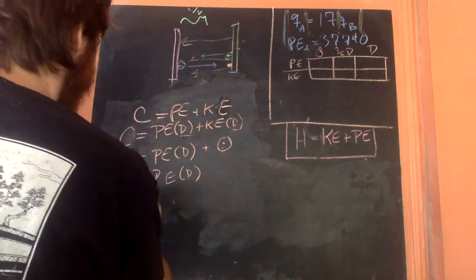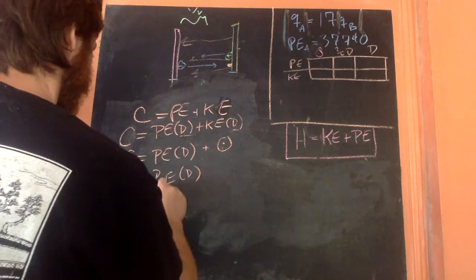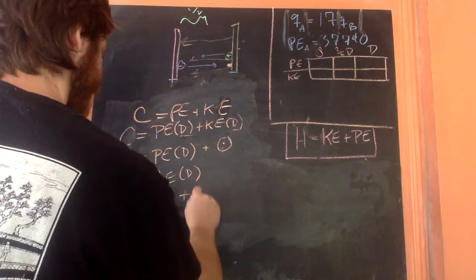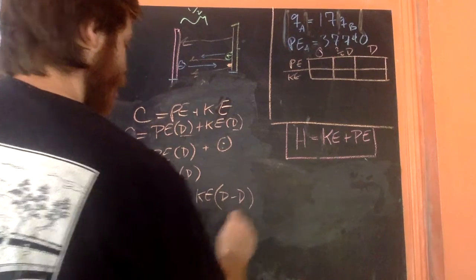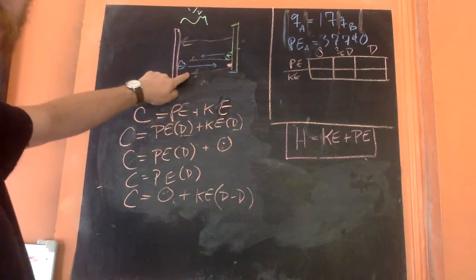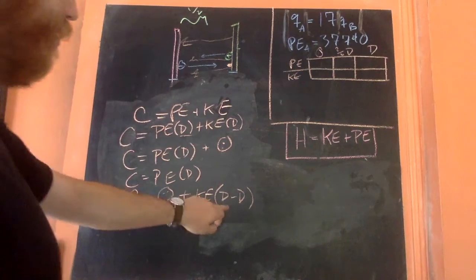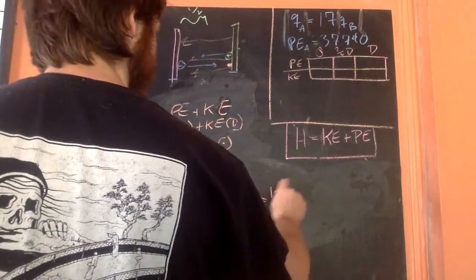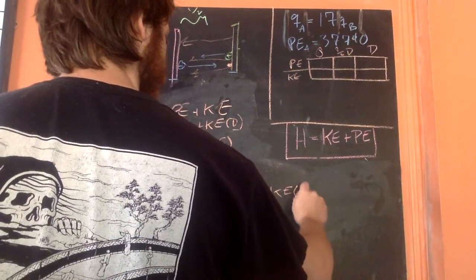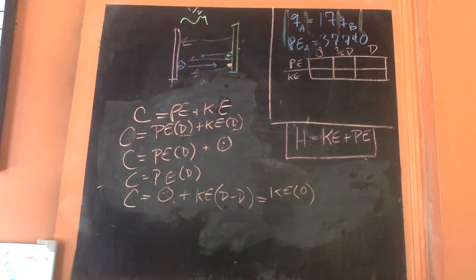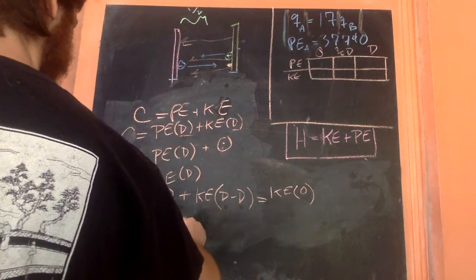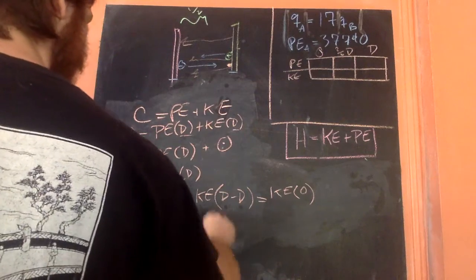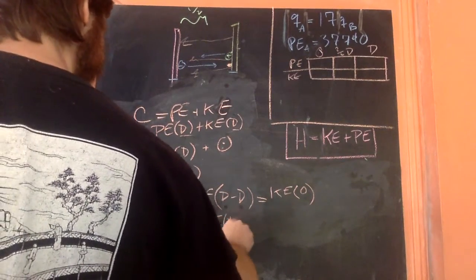So what we see is that c is equal to 0 plus KE, and this is at d minus d. We have started at d, and we have traveled a distance d, so this is d minus d. It's equal to KE of 0. So now via this formulation, we can say that KE of 0 is actually equal to PE of d.